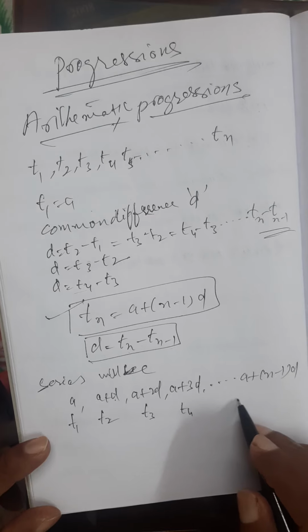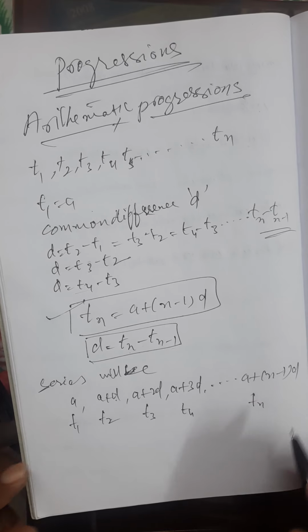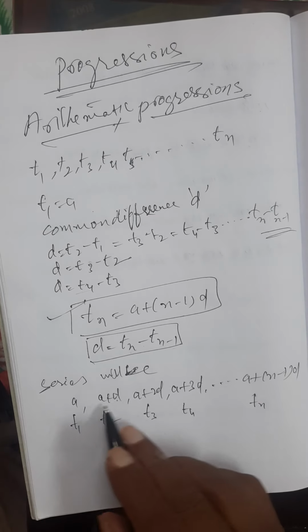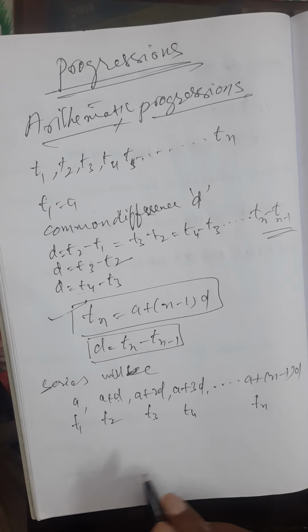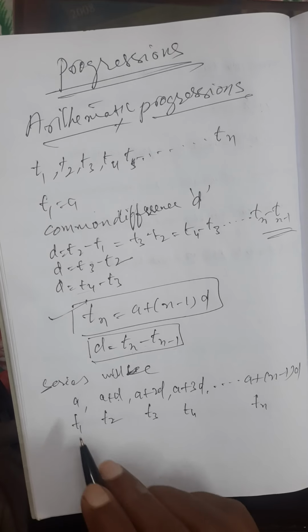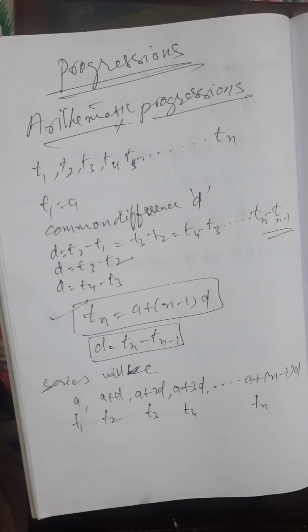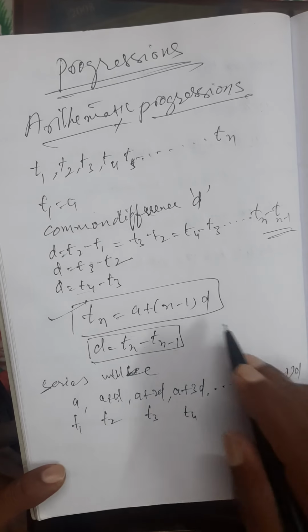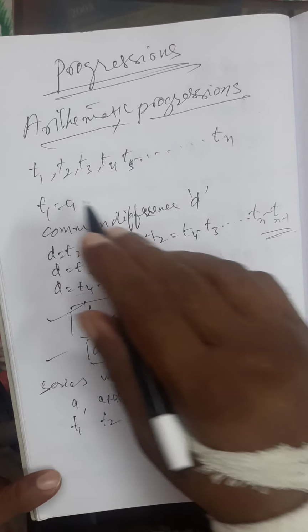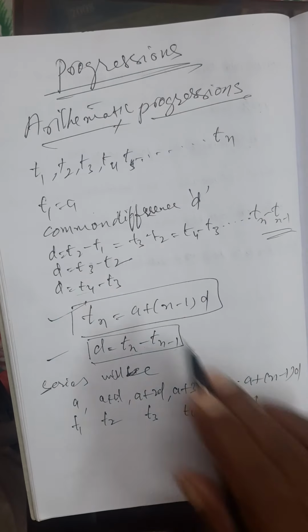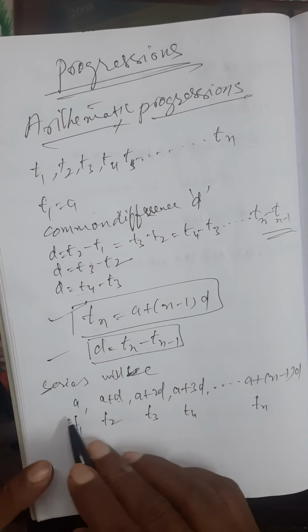For the fourth term, this; for the nth term, this. Like that we can write the series of the arithmetic series. For that, what do we need to know? We have to know a and the common difference d. The first term is always a. Like that we can write the series.